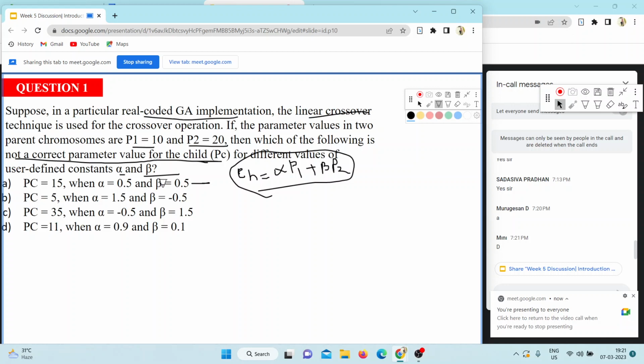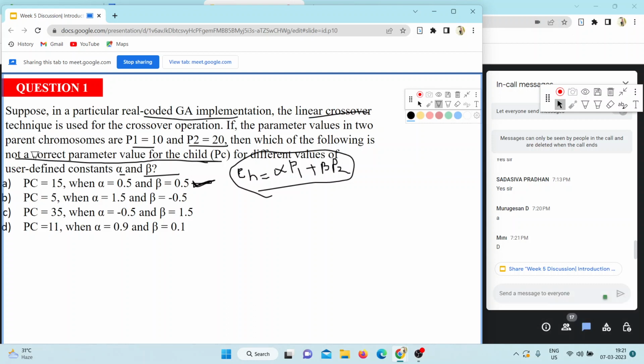This is actually correct. In the question it is asked that we have to find the not correct solution, right? Which of the following is not correct? So this is actually correct.